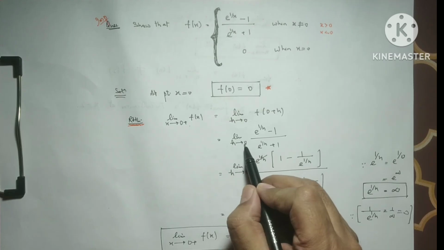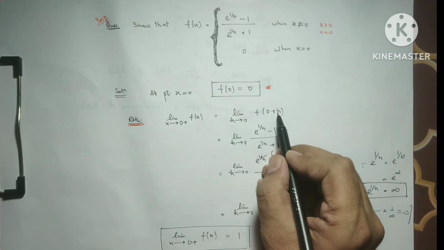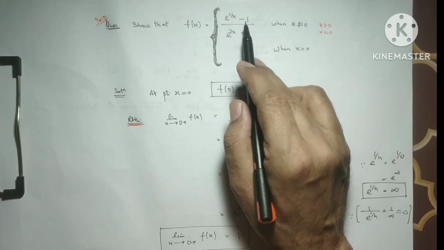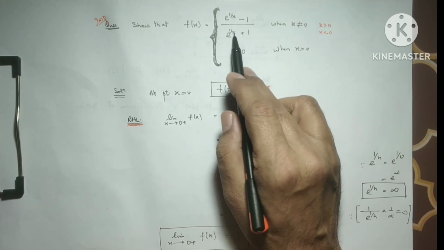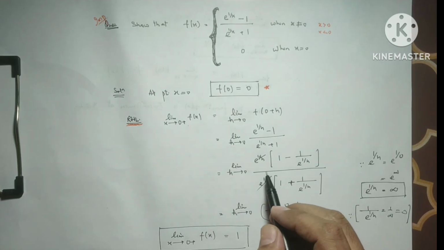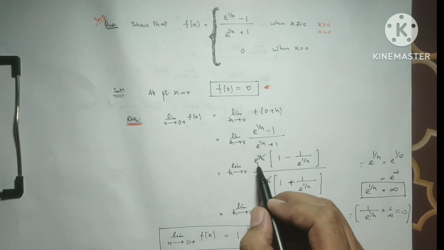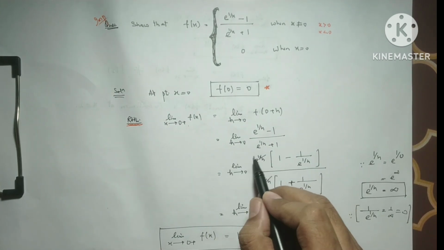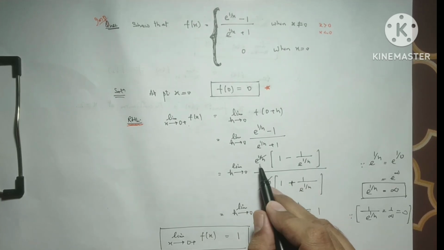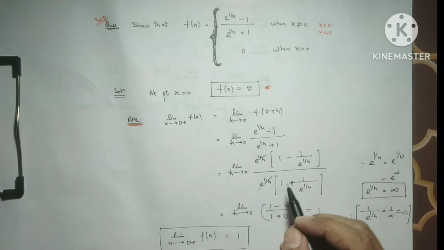So limit h tends to 0, e to the power 1 over h minus 1, over e to the power 1 over h plus 1. So this is the function, and now we will take e to the power 1 over h as common from numerator and denominator both.